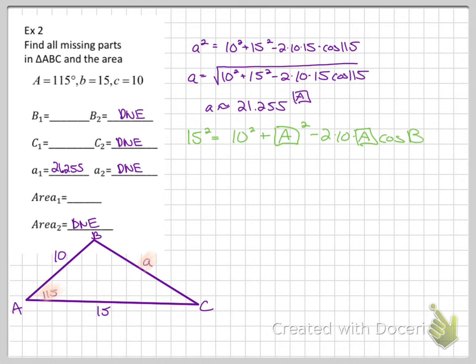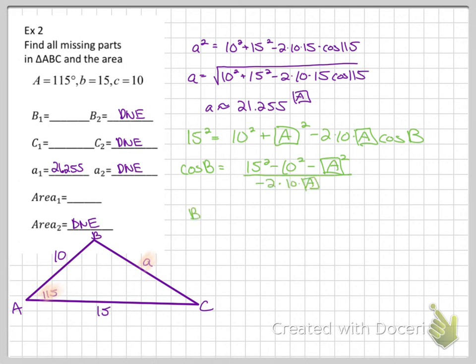I need to get angle B alone, so this is more like the other one, right? I'm going to get cosine B alone first. I'm going to do 15 squared minus the 10 squared to the other side minus the a squared to the other side, and then I would divide by negative 2 times 10 times a.